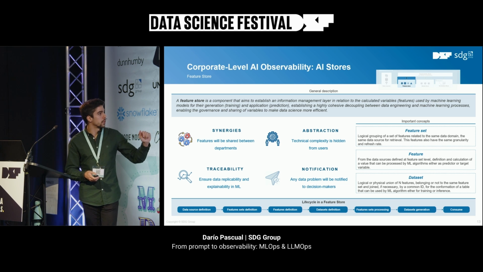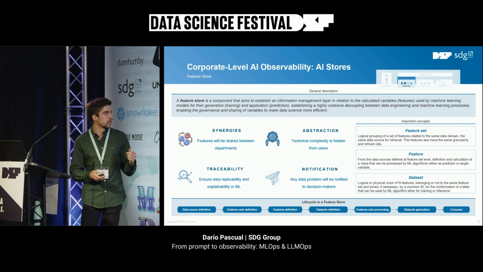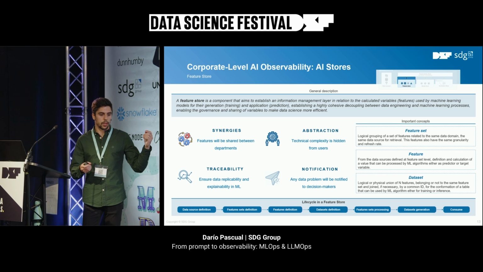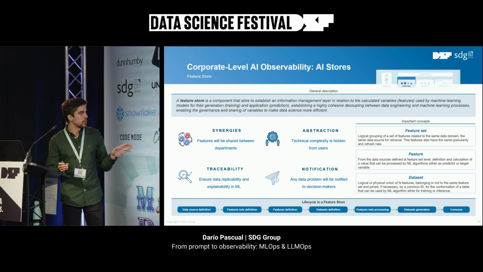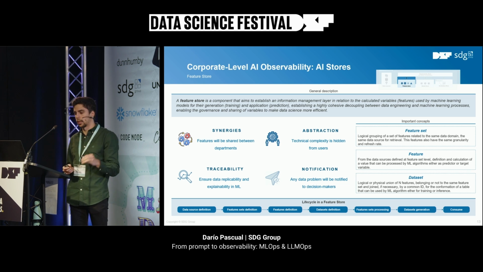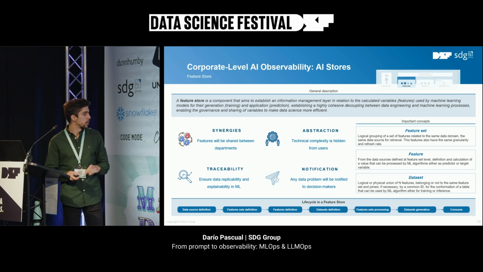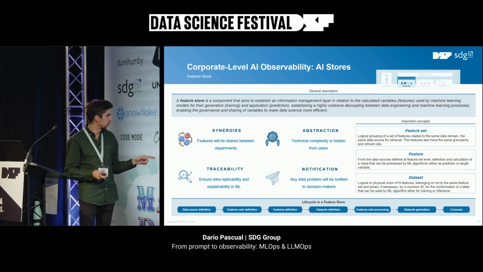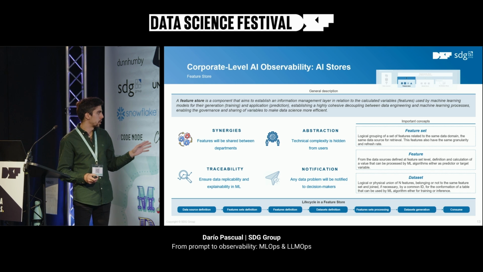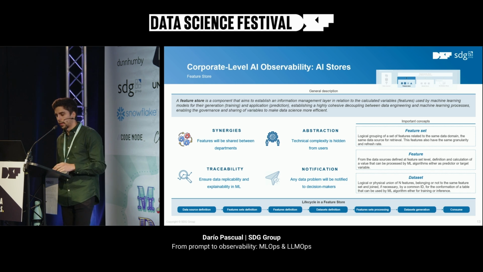Then, abstraction is another benefit. As I said, creating a feature is normally complex, and maybe we have to write Spark code or know everything about the informational data sources. This is hidden from the users. The users only take the feature and use it in the machine learning pipeline. Traceability. Take note of that benefit, because it will appear in all our AI stores with a different definition, but we also ensure traceability with AI stores.